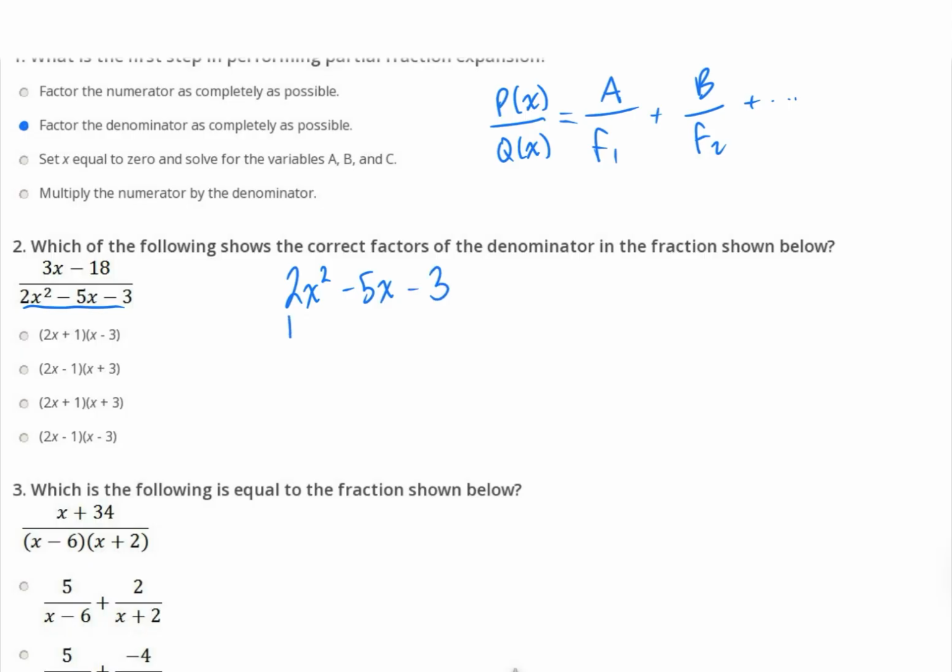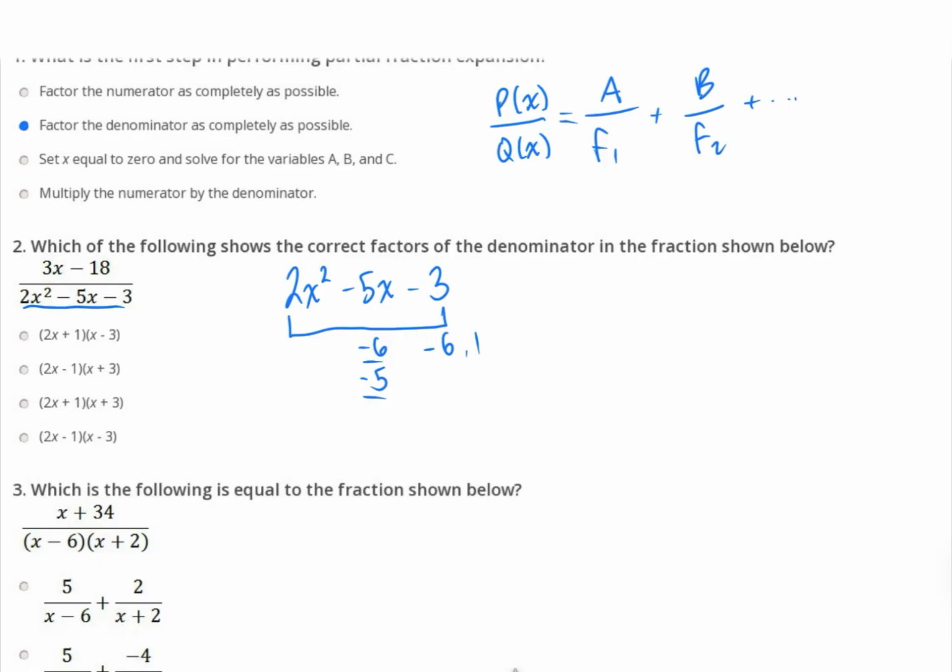We connect these two outer numbers and multiply them to give us negative 6, and the middle number is negative 5. Now we need to find two numbers that multiply to negative 6 and add up to negative 5. The two numbers are negative 6 and 1, because negative 6 times 1 is negative 6, and negative 6 plus 1 is negative 5.